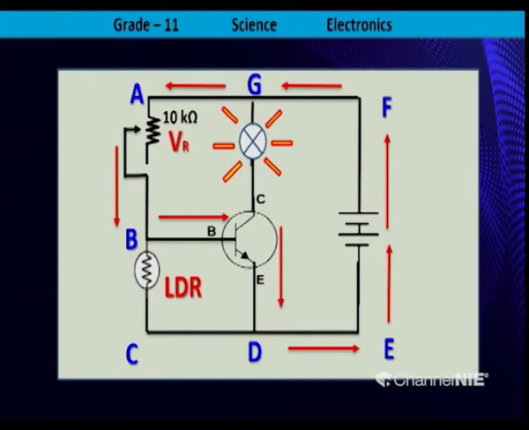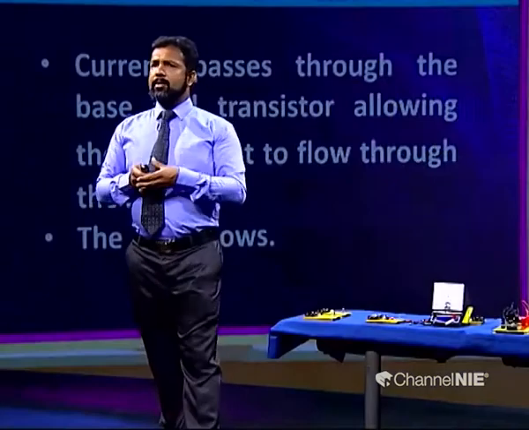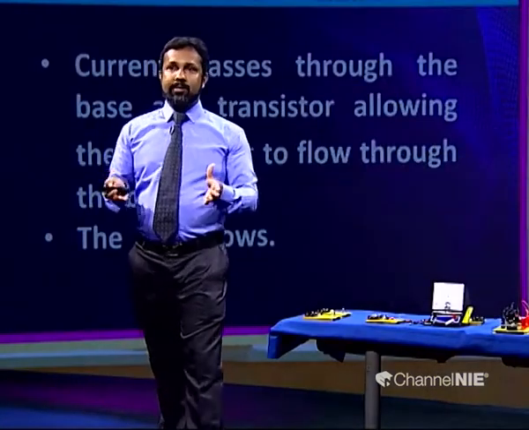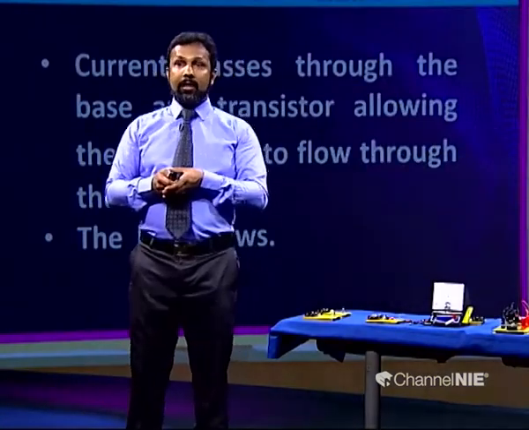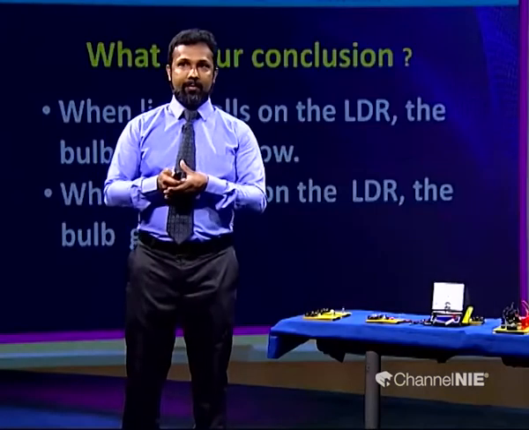As a result, the IC current or collector current passes, and the bulb glows. Right. Current passes through the base and transistor, allowing the IC current to flow through the bulb. The bulb glows. We learned that.